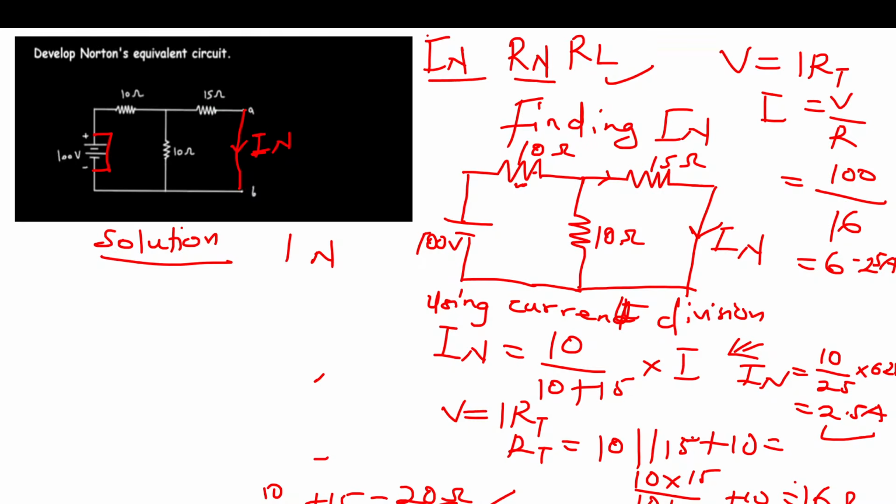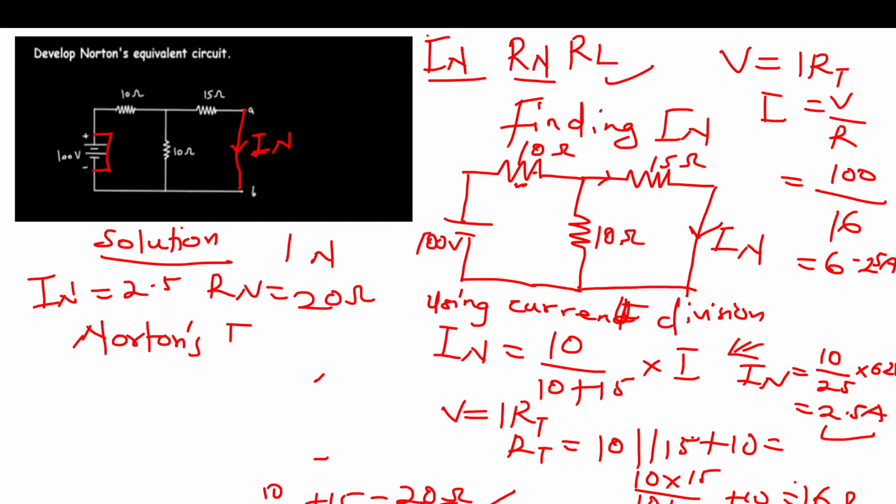Okay, so since we found In and then Rn, In was 2.5 and then Rn 20 ohms. We can now develop our Norton's equivalent circuit, right? So Norton's equivalent circuit.